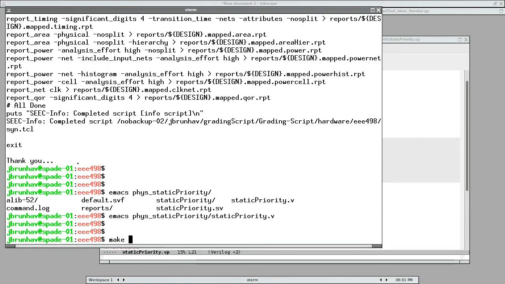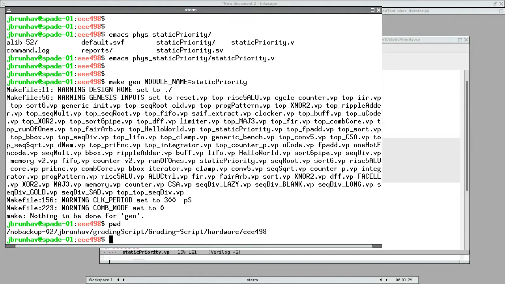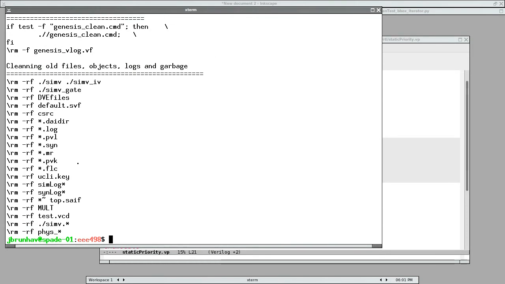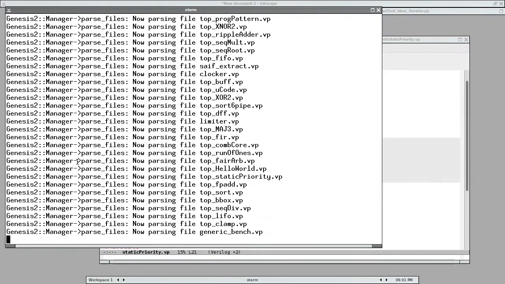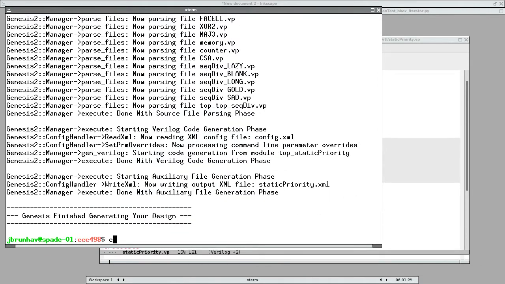So make gen module name equals static priority. So making the static priority module, and then we'll show you what the resulting Verilog looks like.